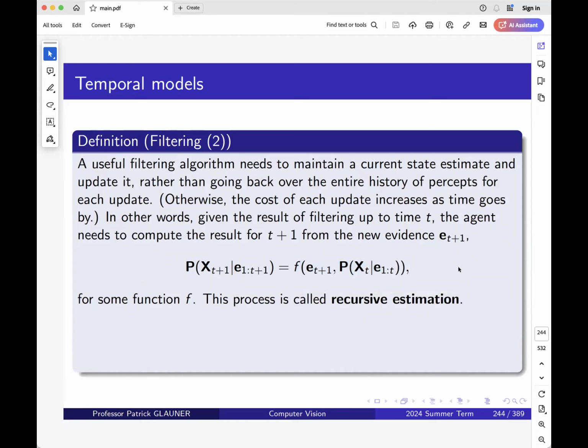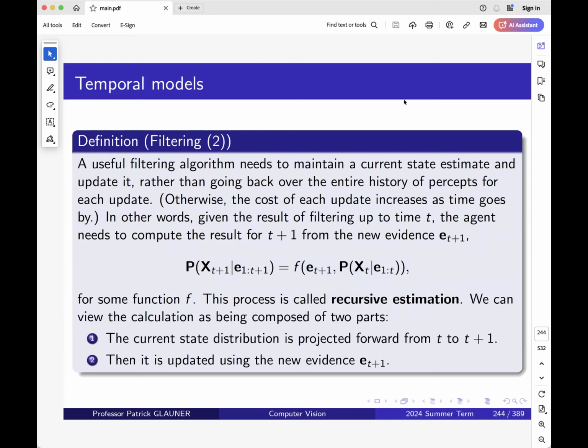And what I'm doing here is something that I call a recursive estimation, and how I implement this function exactly depends on various conditions or assumptions I'm making. But we can always view this calculation as 2 steps.